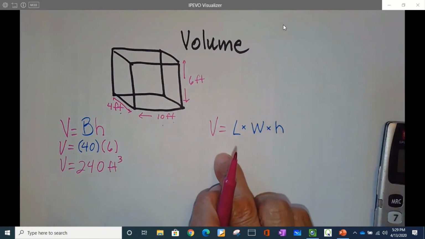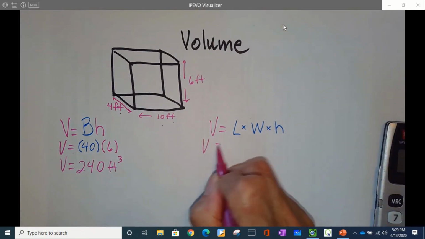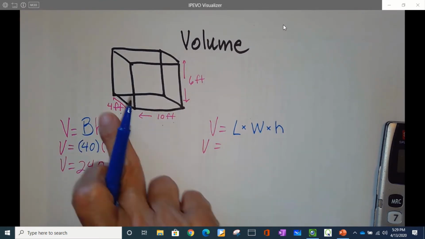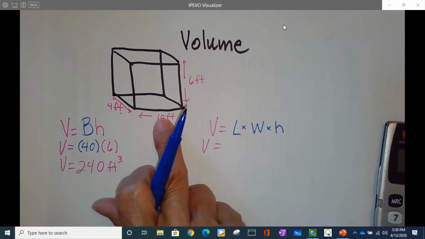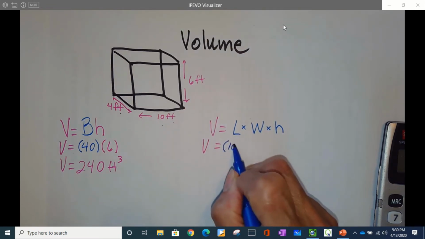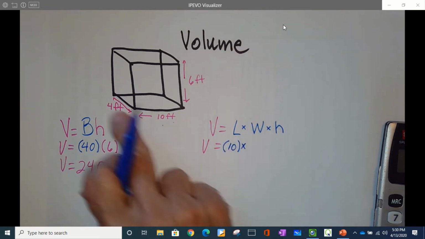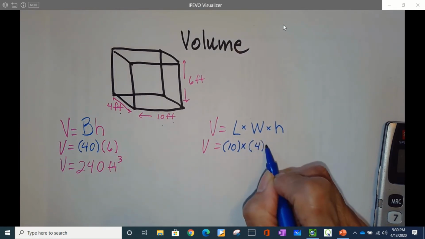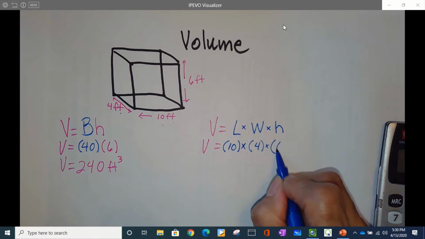Now let's go over here and do the same thing. We should get the same answer. It's just that this one was a shortcut because we considered these both the base. But in this case, this is the length, 10. This is the width, 4. And times our height, 6.